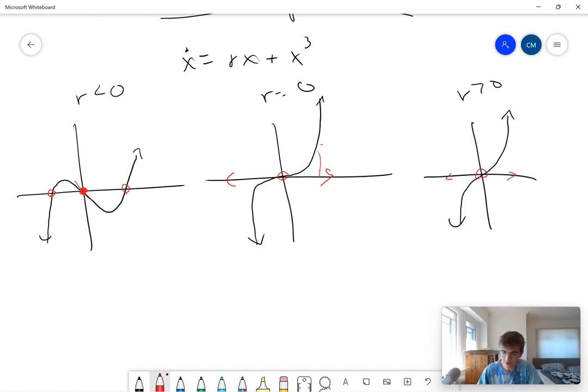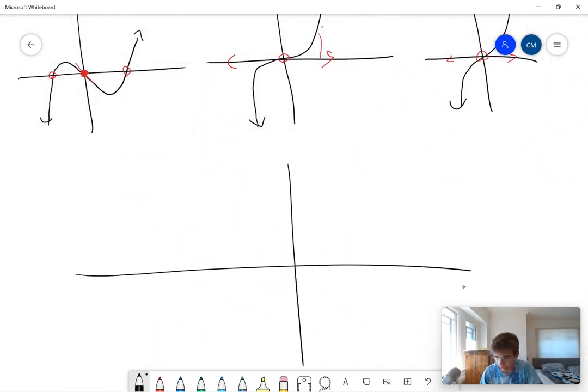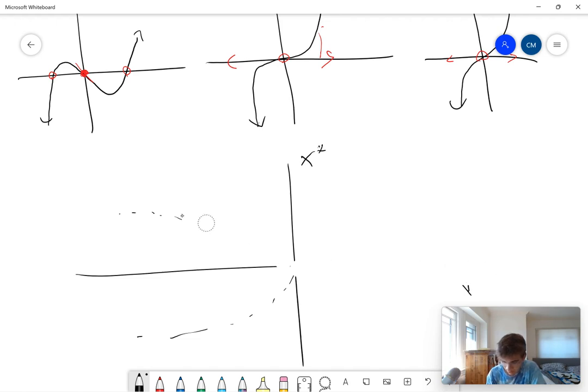Now this is very important. If I draw the bifurcation diagram, r with respect to x star here, we're going to have something that looks like this. The origin becomes stable. No, sorry. The origin becomes unstable.